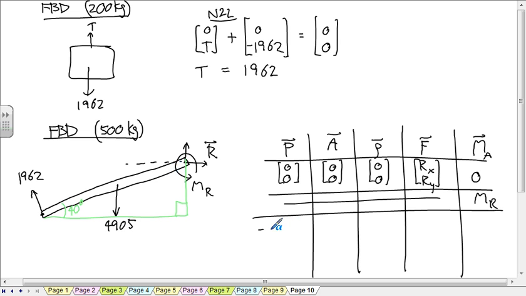So what do you get for these points? Okay, and both negative. The about point is the origin.